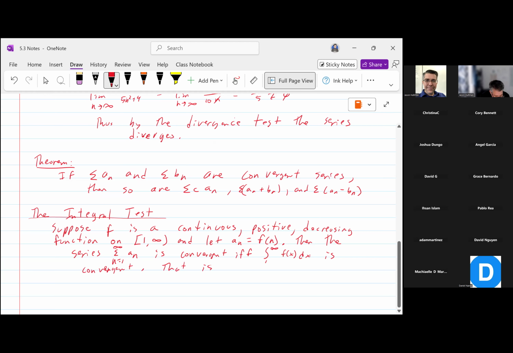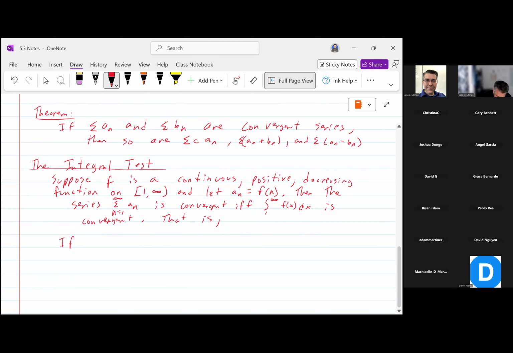That is, if the integral 1 to infinity of f of x dx is convergent, then the summation of a sub n from n equals 1 to infinity is also convergent.